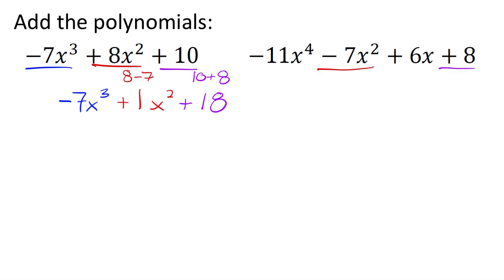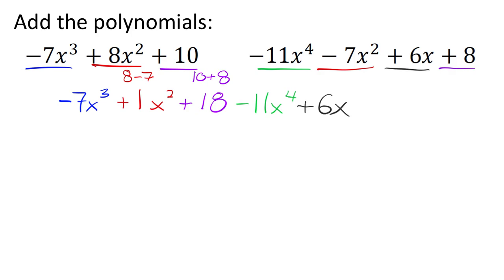Okay, now this kind of threw me off, but I got two last terms right here. They're not like terms either. This one right here is just a negative 11x to the power 4. Again, it's not a like term with these other ones because the exponent is different. So the positive 6x right there also will just have to stay what it is, a positive 6x.